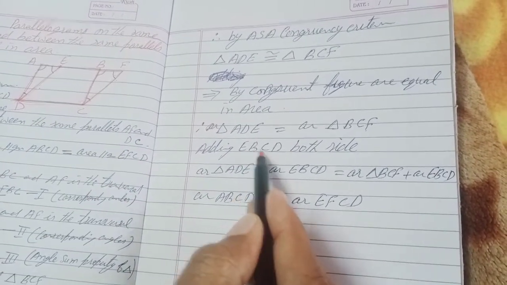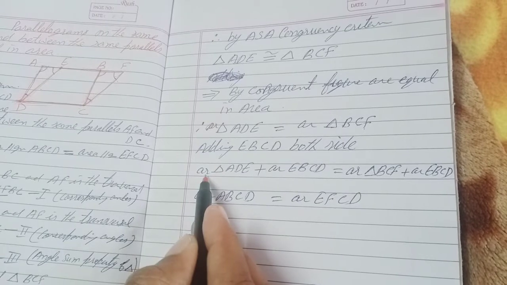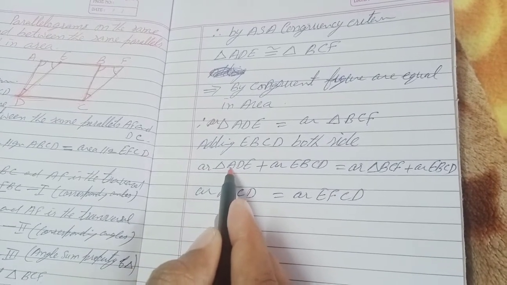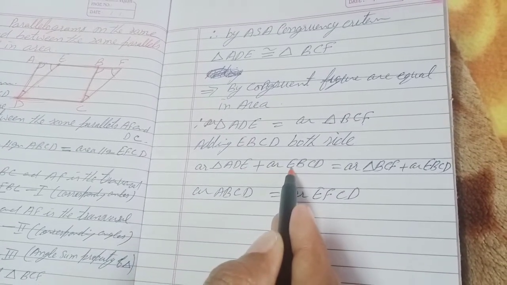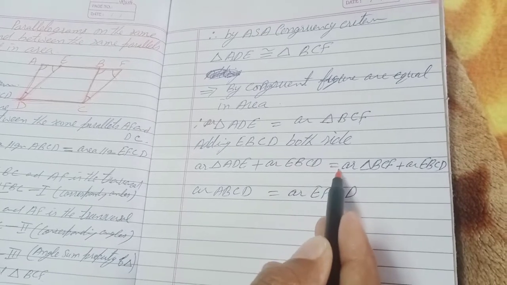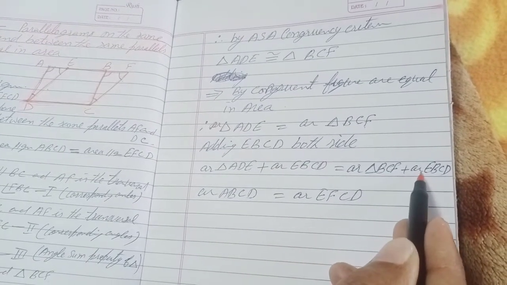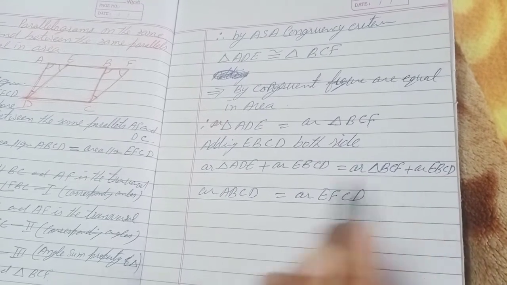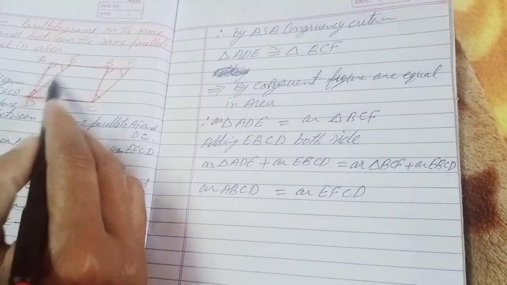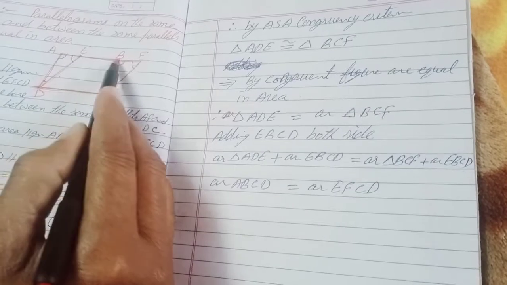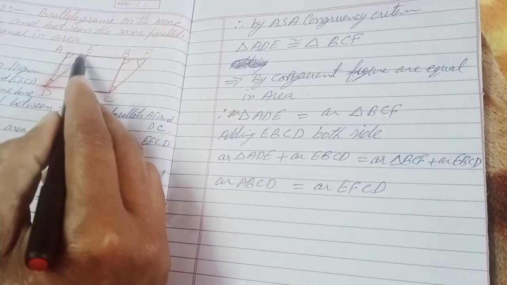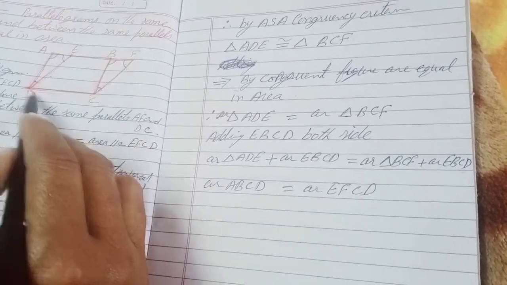When we add EBCD both sides, we have area of triangle ADE plus area of EBCD is equal to area of triangle BCF plus area of EBCD. When this is added to this, we get ABCD.